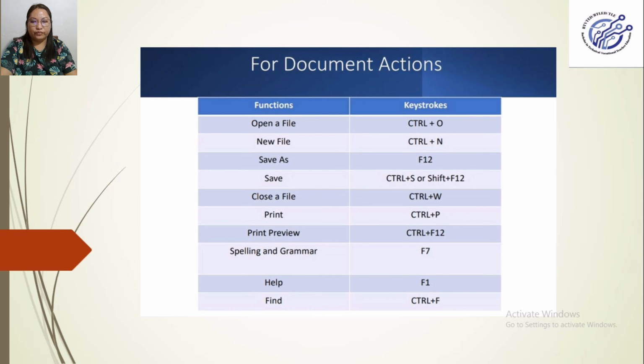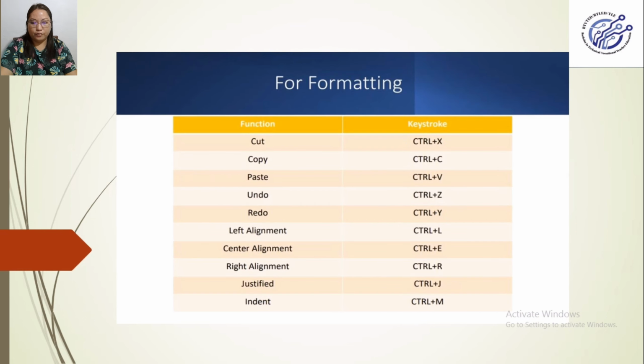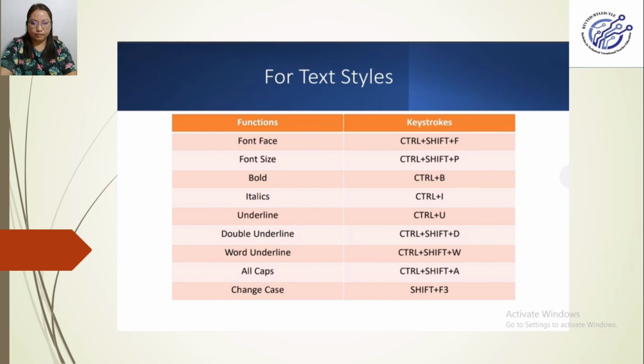Then, we have also for document actions. Halimbawa, Control S to save and Control P to print. Then, we have also for formatting. So, meron tayong Control X sa cut, Control C sa copy, Control V sa paste, and more.